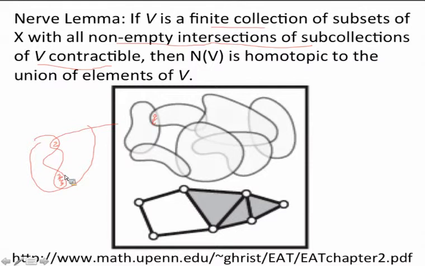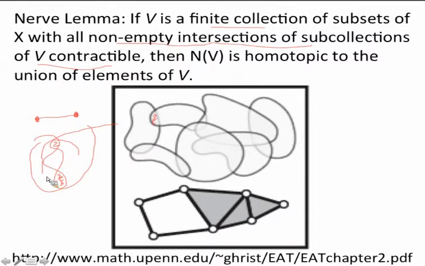So if I were to create the nerve of this thing here, I have my two sets. Your sets become your vertices, and if the two sets intersect, I have an edge, but that's it. So the homology of this thing here is very different from the homology of this object over here.